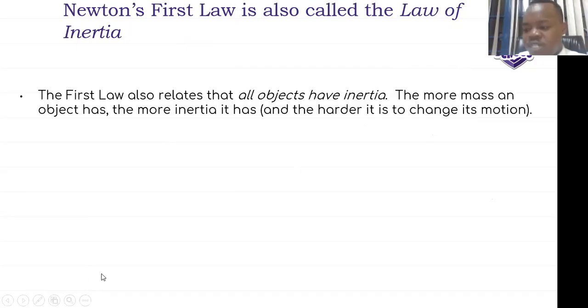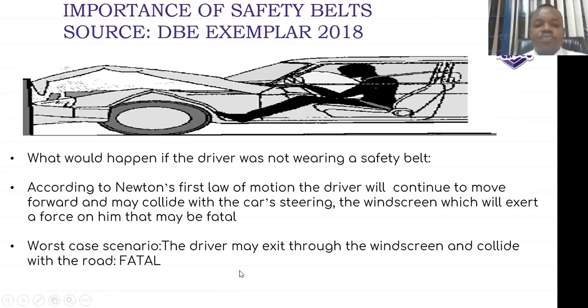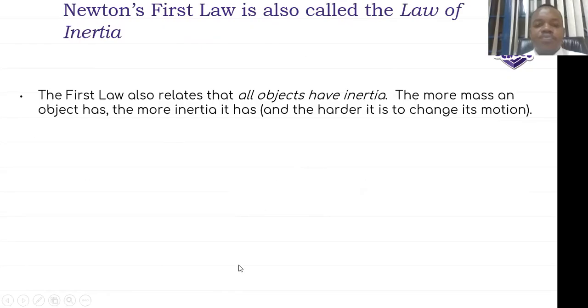Now, Newton's first law of motion is also called the law of inertia, right? And we need to then understand what we are talking about when we talk about inertia. Remember now that inertia is the property of a body to resist change in its state of motion or rest.